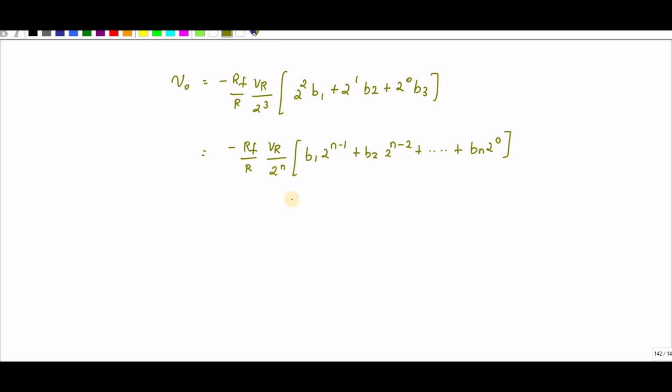So this is the equivalent circuit. How to write this one? So I can write minus RF divided by R into VR by 2 power n, summation i is equal to 1 to n, Bi 2 power n minus i.